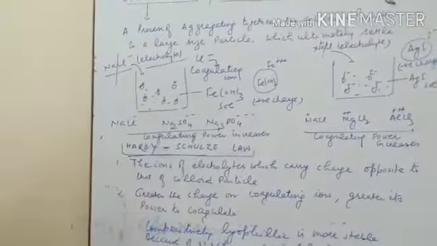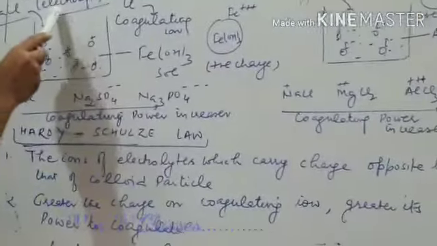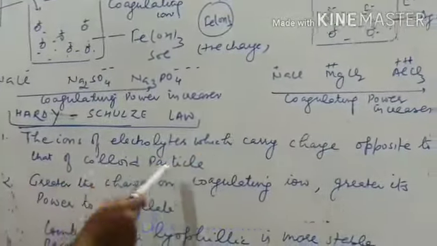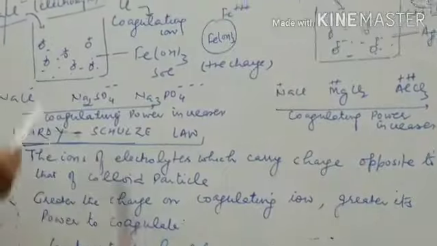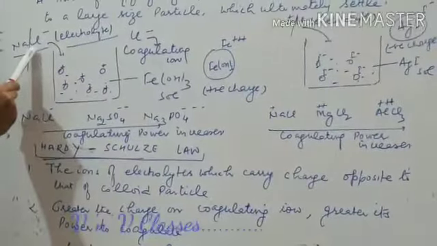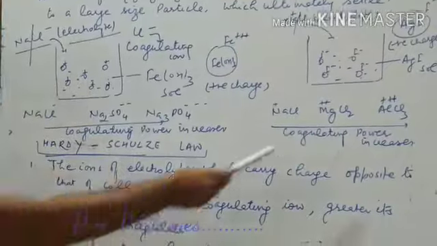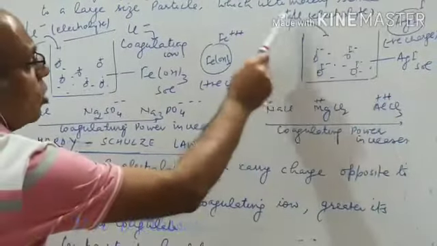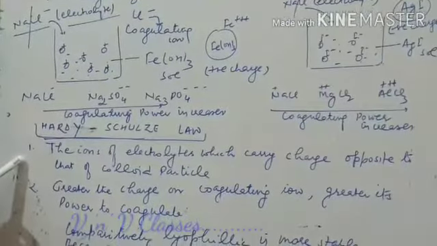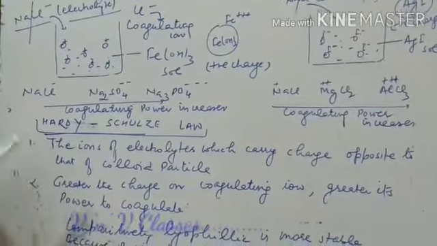The first law, that ion of electrolyte will cause coagulation which has charge opposite to that of colloid particle. Like here you were having positive charge on colloid particle, the negative chloride ion causes coagulation. Here you are having negative charge, so Na positive ion causes coagulation.